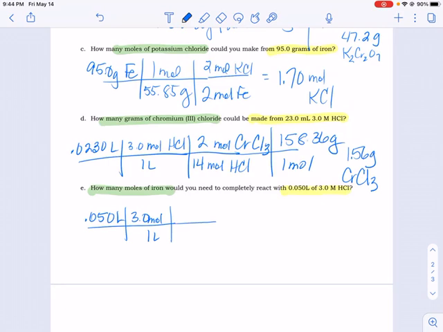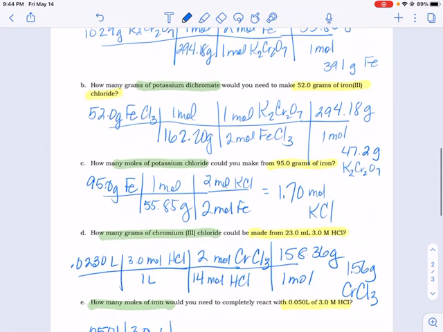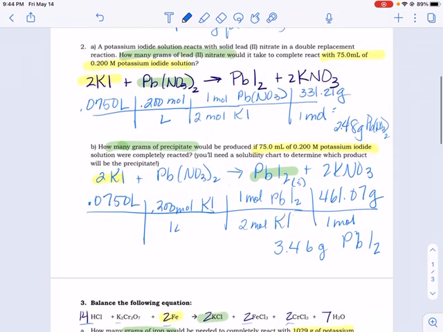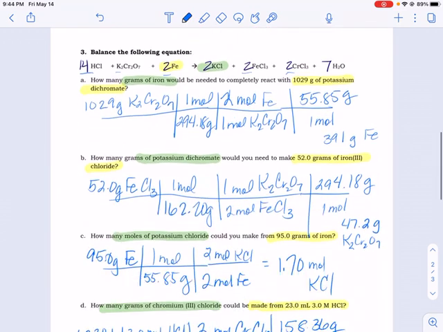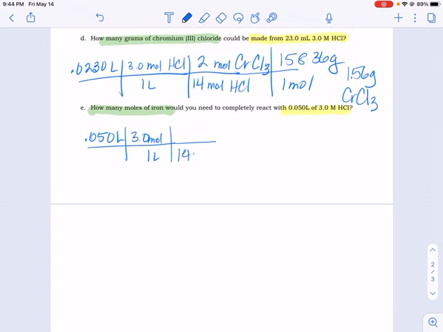And hydrochloric acid is 14, and we're solving for iron, which is 2. So our ratio is 14 moles of hydrochloric acid to 2 moles of iron. And it says moles, so we're going to stop there.